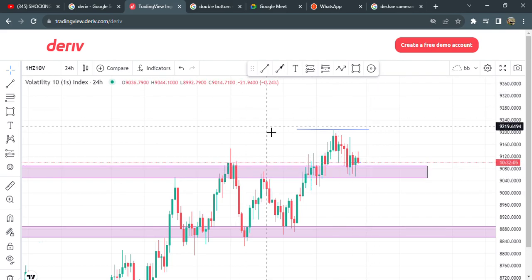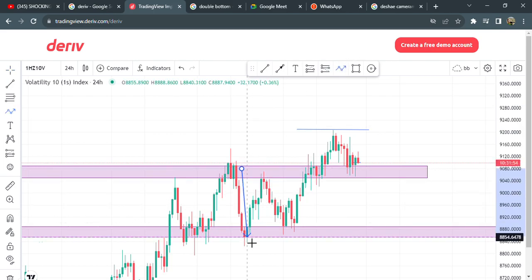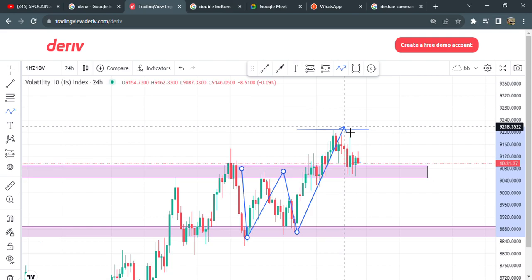This is a textbook example of how the market went from the supply zone to the demand zone, back again to the supply zone, tested again the supply zone, tested again the demand zone, and then went up.